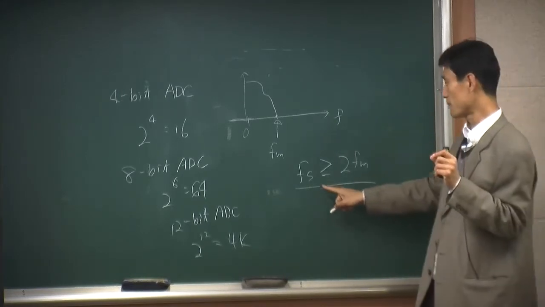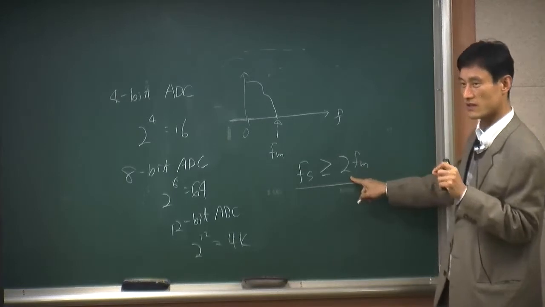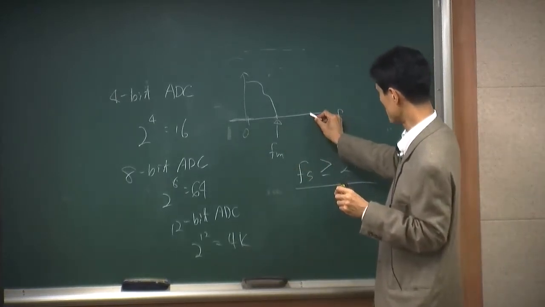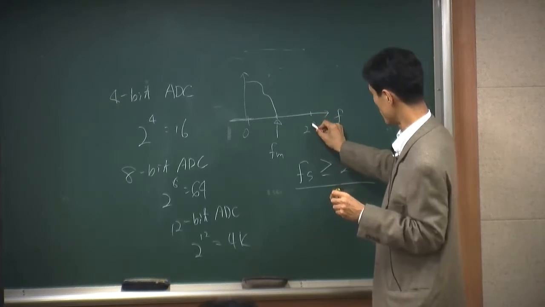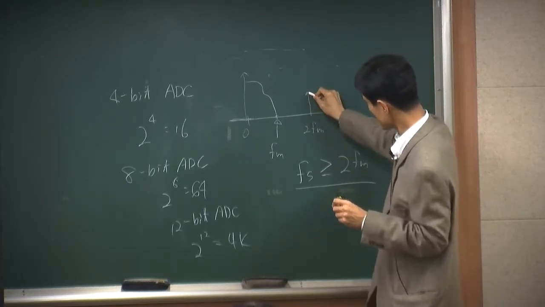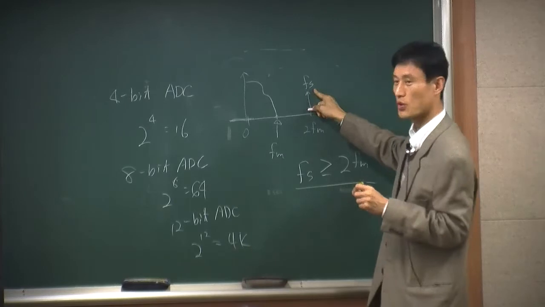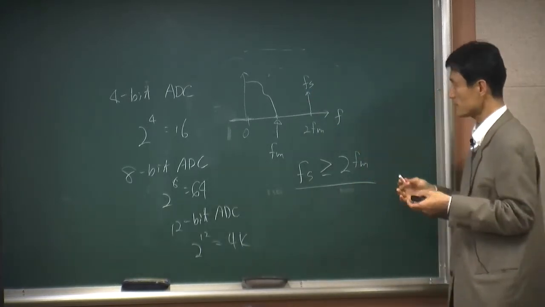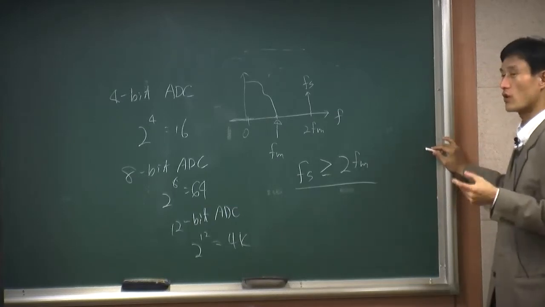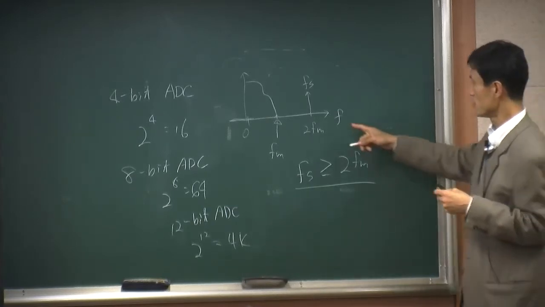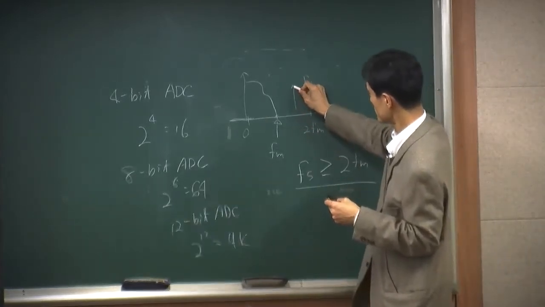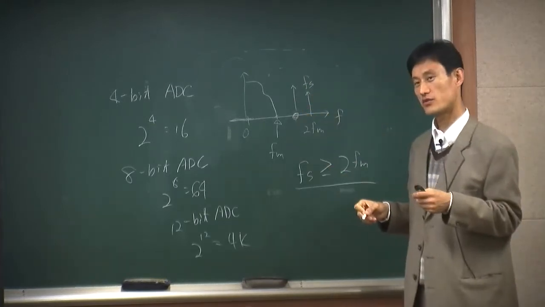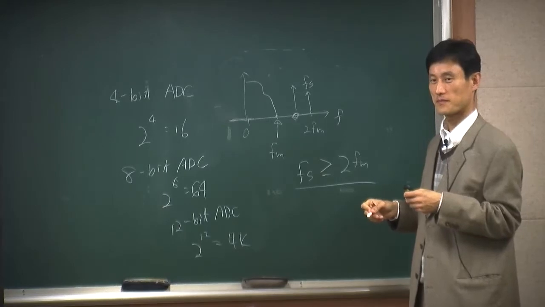If you choose double that, somewhere here, this is 2 FM. This is the lowest sampling frequency for your system in order to avoid aliasing. If you use a lower sampling frequency than this, you are going to have an aliasing problem.